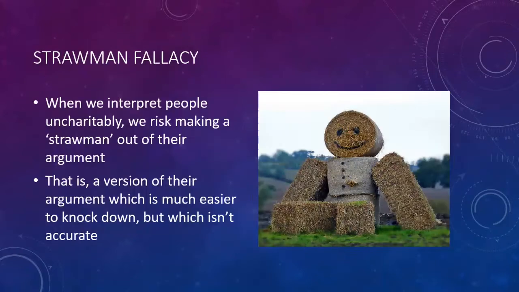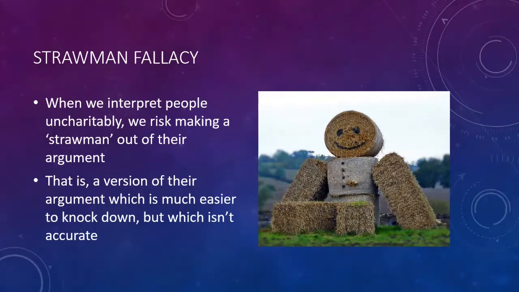And you run the risk of the straw man fallacy, which is trying to refute a conclusion that the other person wasn't actually advancing. So they advance a conclusion and you accuse them of advancing a much sillier conclusion. And you're not going to make any progress like that either.